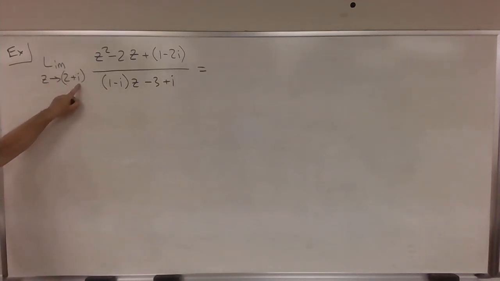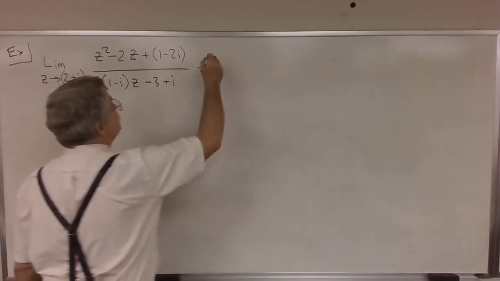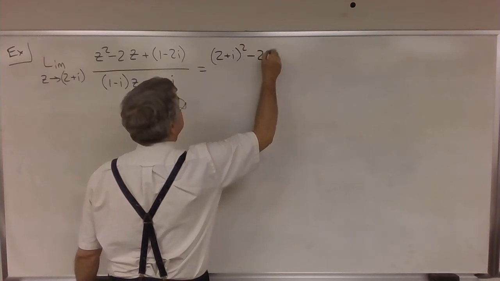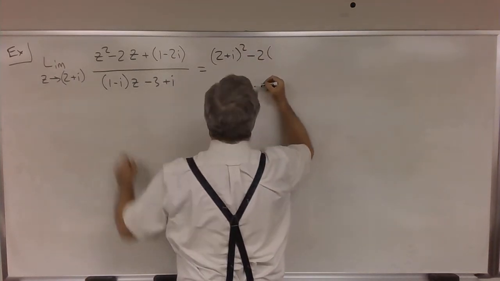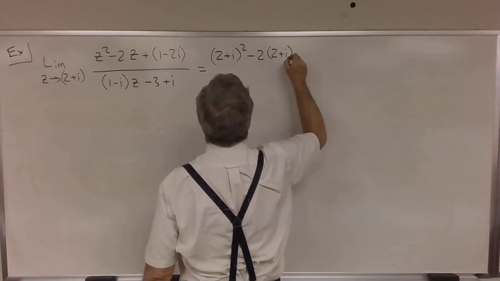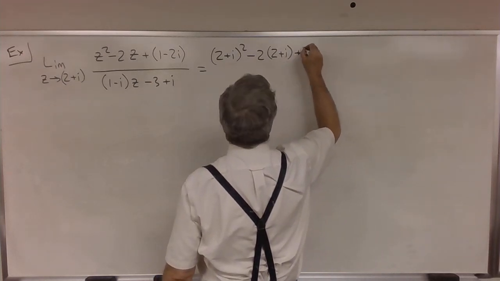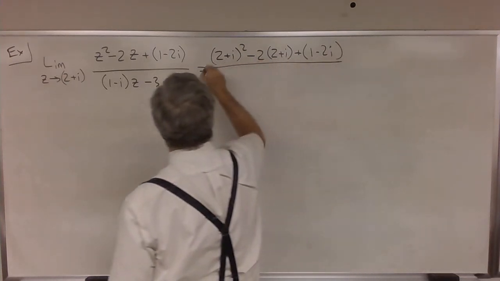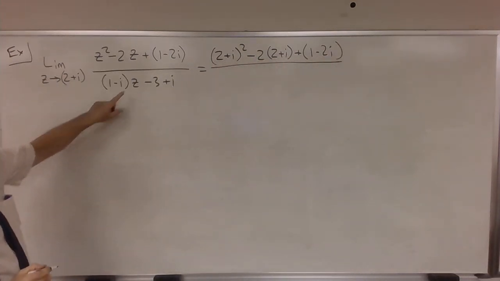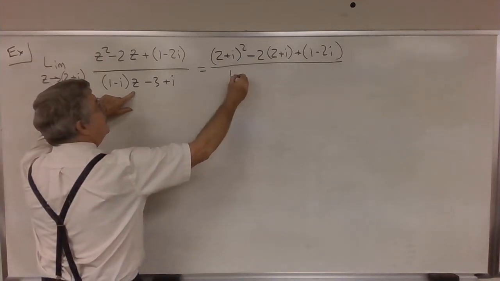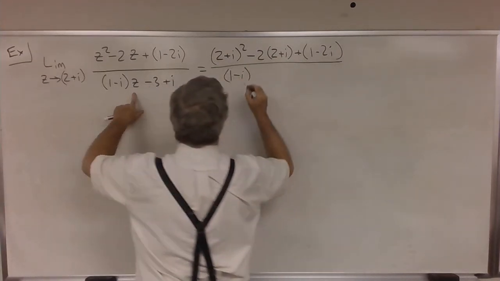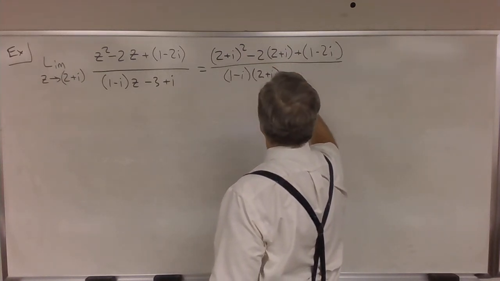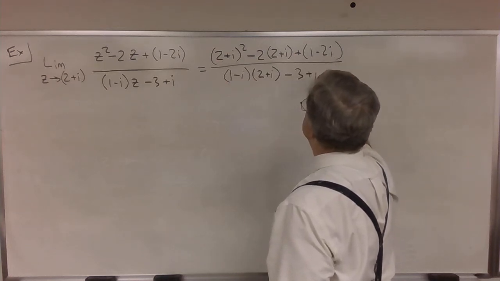Plug in 2 plus i for z, so we'll get 2 plus i squared minus 2 times 2 plus i plus 1 minus 2i. And we plug in the bottom. 1 minus i times z, which is 2 plus i, minus 3 plus i.